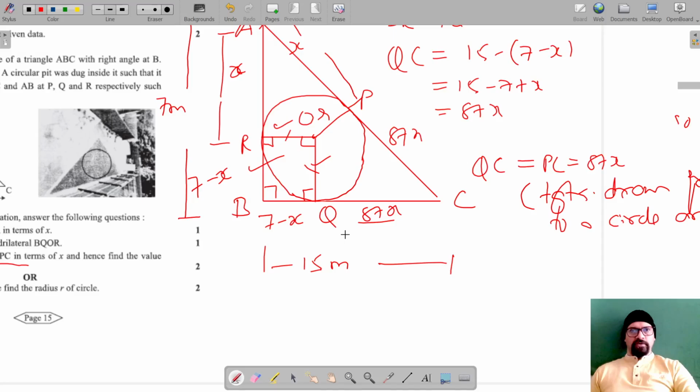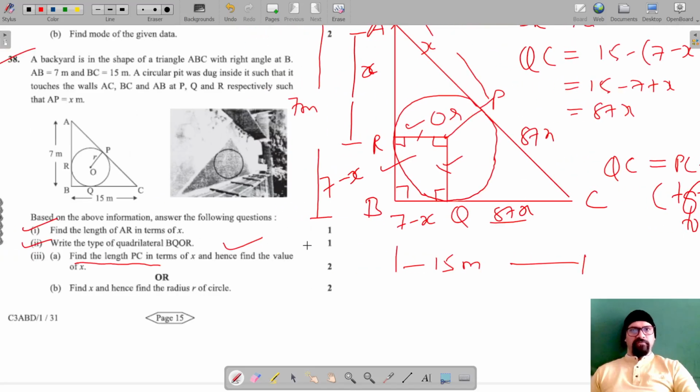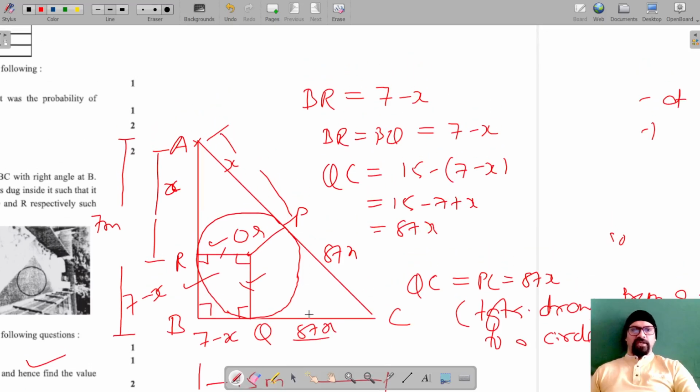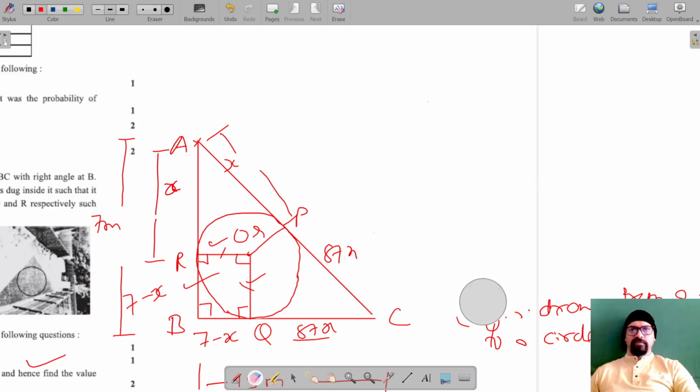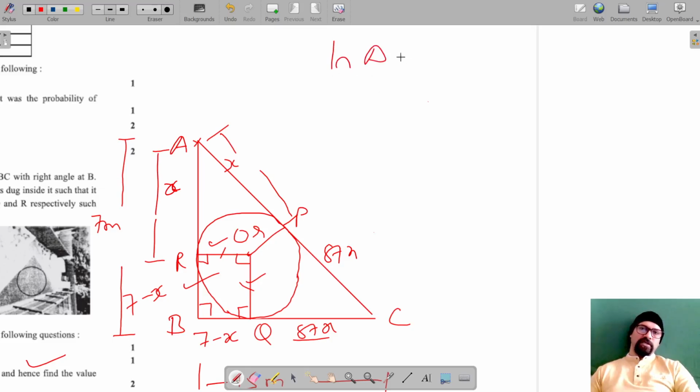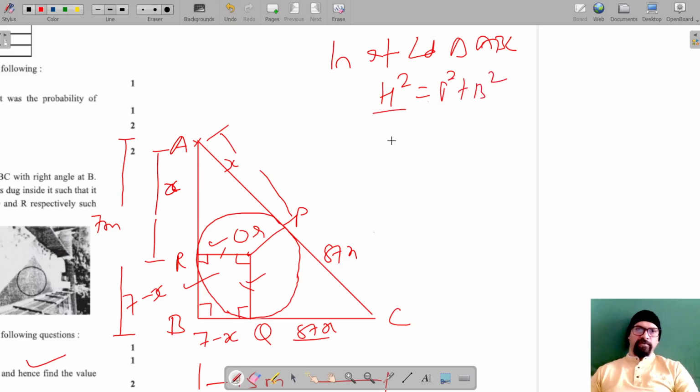So we have got PC in terms of X and we have to find the value of X. To get the value of X, let's use the Pythagoras theorem in this right angle triangle ABC. Hypotenuse AC square is equal to perpendicular AB square plus base BC square.